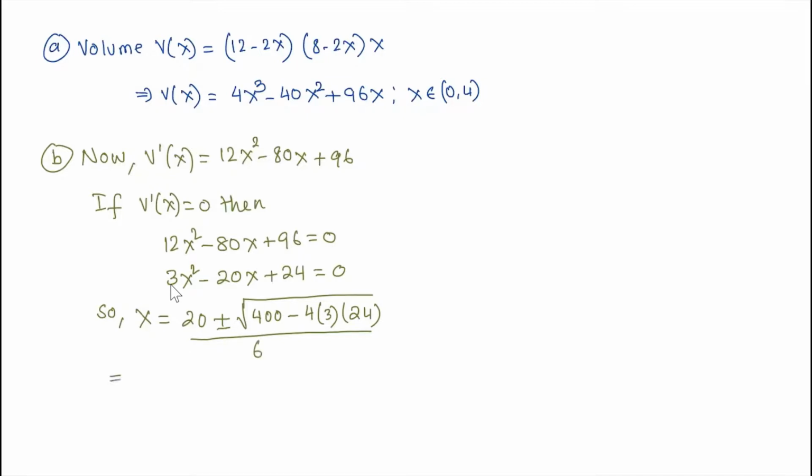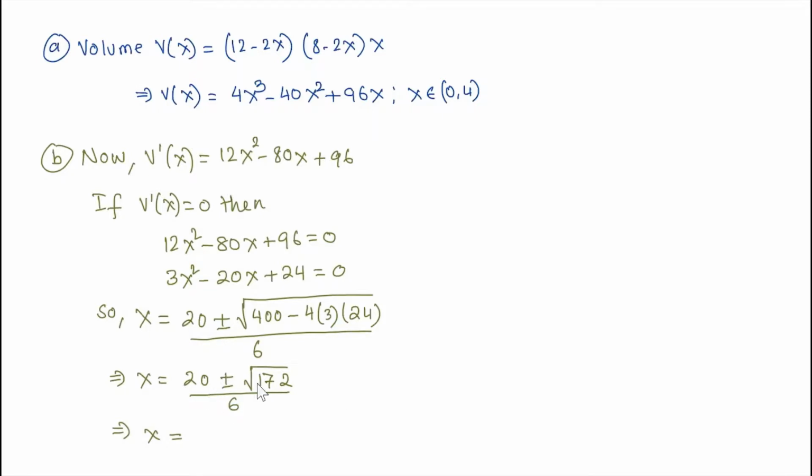So you'll get x equal to 20 plus or minus the square root of, 3 times 4 is 12, 12 times 24 is 288. 400 minus 288 is 172. Square root of 172 divided by 6. So x is equal to, we are getting two values here.